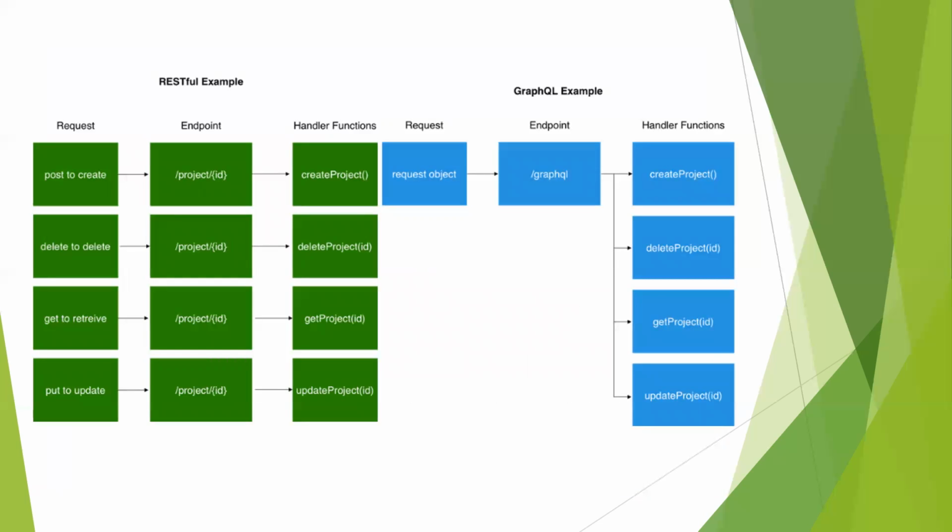The next one is the architecture of the traditional RESTful endpoint and GraphQL. As we already know, a RESTful API represents an endpoint for each HTTP method, like get, post, put, delete, etc. So for each HTTP method, we have an endpoint, and we call them separately with a different URI based on the HTTP method.